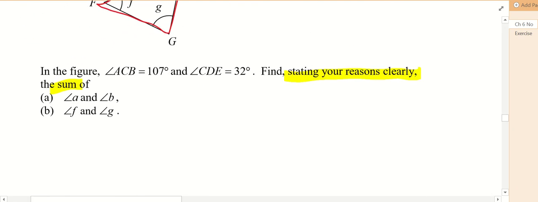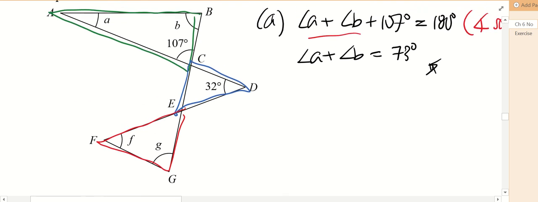Okay, moving on. What is the sum of F and G? Let's take a look. Where is F and G? Okay, so F and G are inside this red color triangle here.